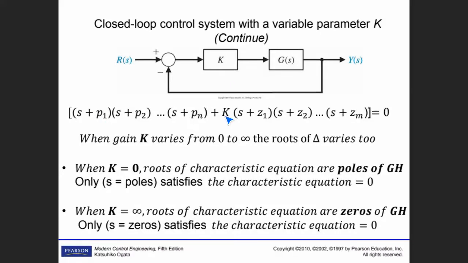I start with K equals 0, the poles are defined. You can see that if K equals 0, the roots of the characteristic equation are poles of the open loop. Only s equal to poles satisfies the characteristic equation equal to 0. So poles are satisfying.